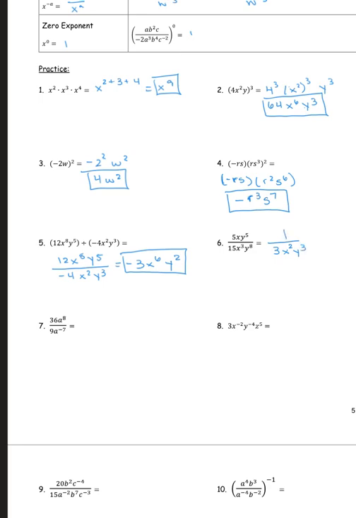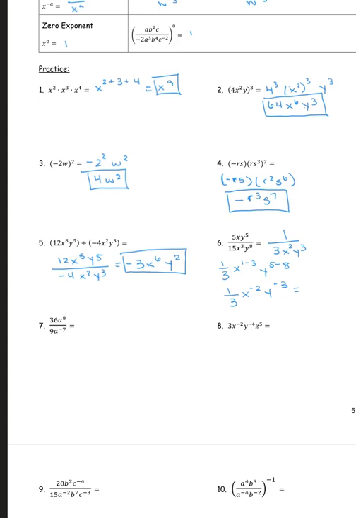All right, so if you need to see that broken down a little bit more, again, we know that 5 divided by 15 gives us 1/3. Then we have x to the 1 minus 3, and we have y to the 5 minus 8. Simplifying, I have 1/3, x to the -2, y to the -3.